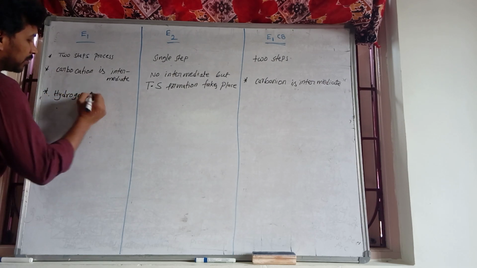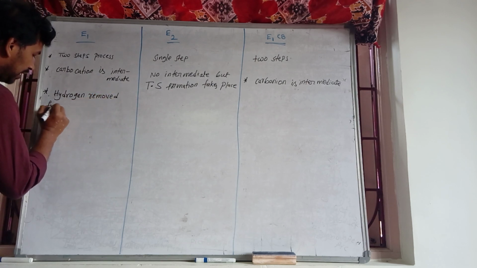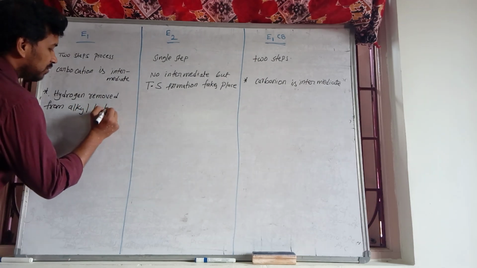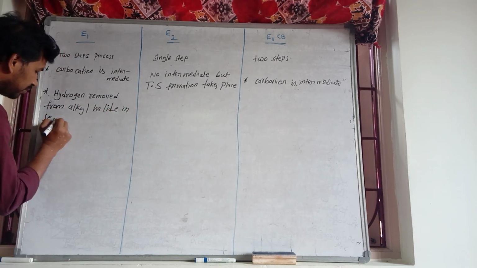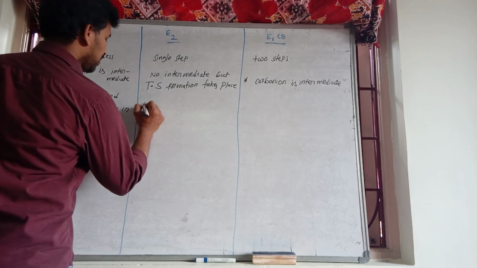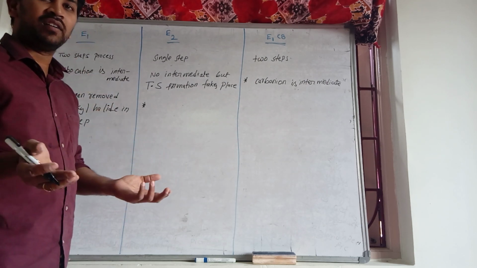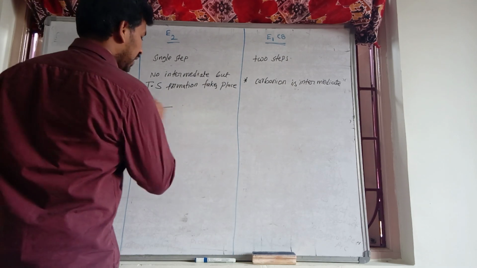In E1, hydrogen is removed from the alkyl halide in the second step. Here in E2 it is a single step. Hydrogen and halogen are both eliminated simultaneously, no? Okay, so no need to write anything.